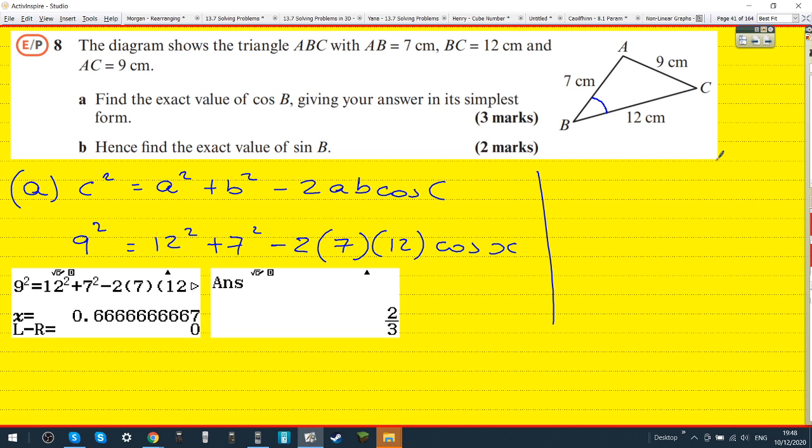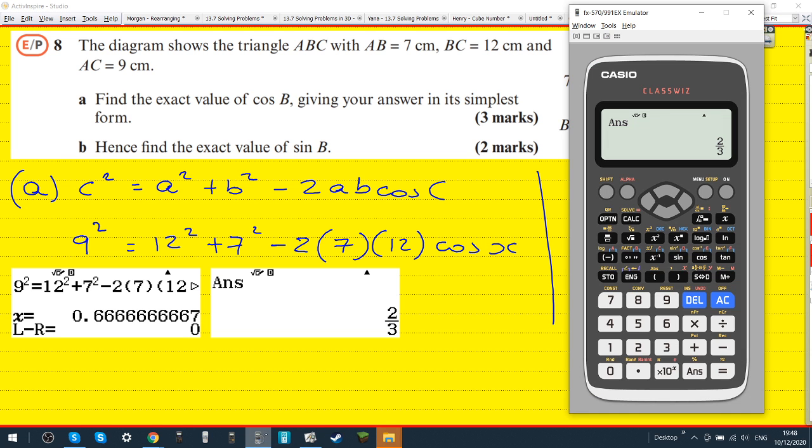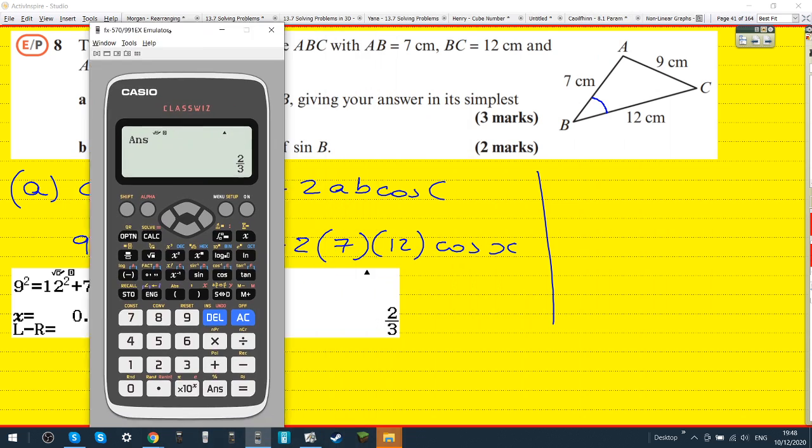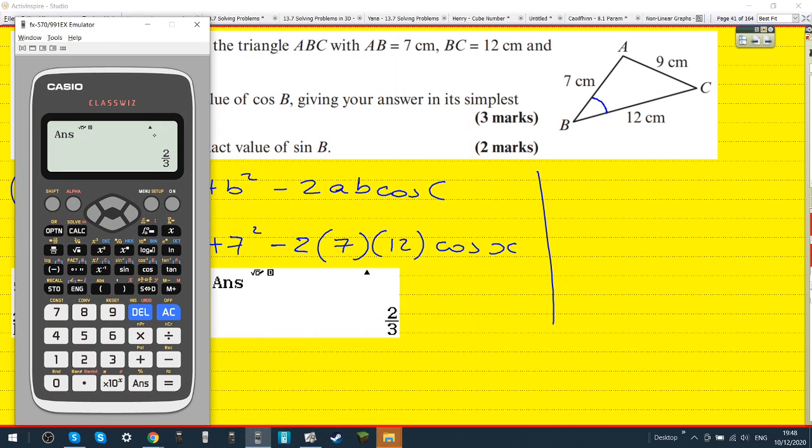Cos squared theta can be written as 1 minus sine squared theta. Let's take a chance though. Arc cos of that is this 48, so that's B, and so sine B is sine answer. Oh, it didn't work. We have to do it properly.